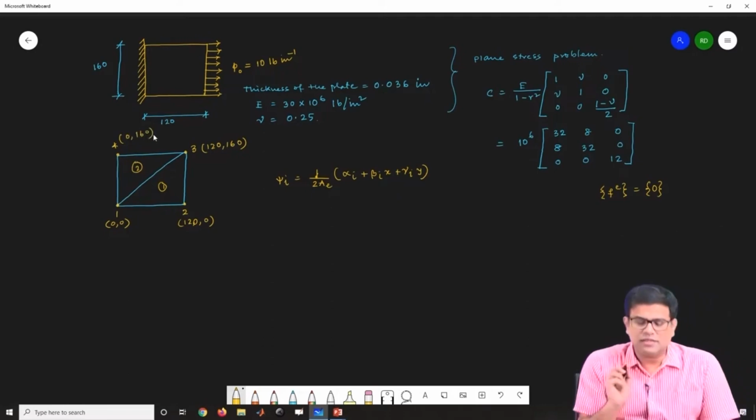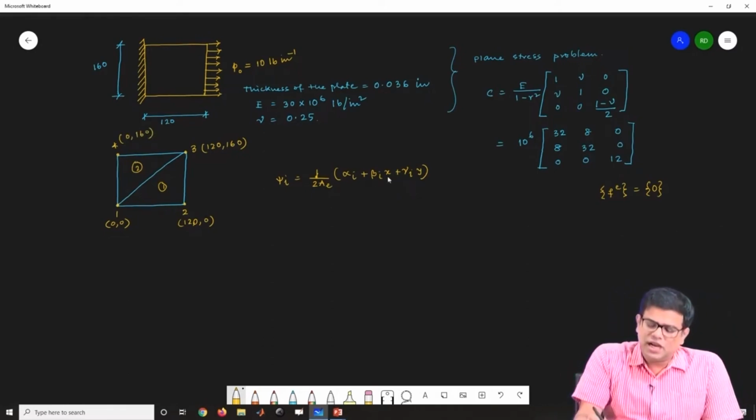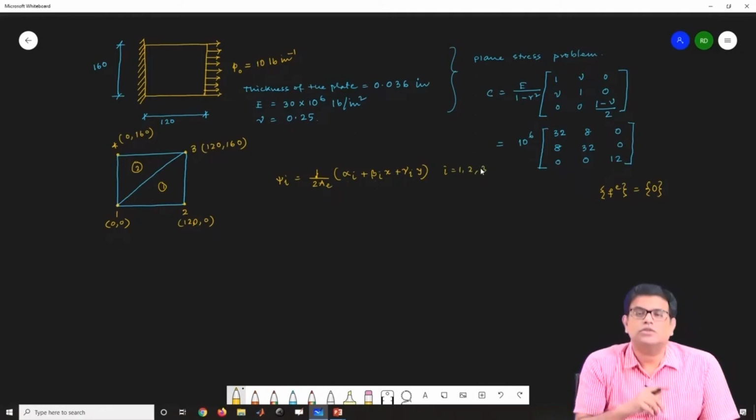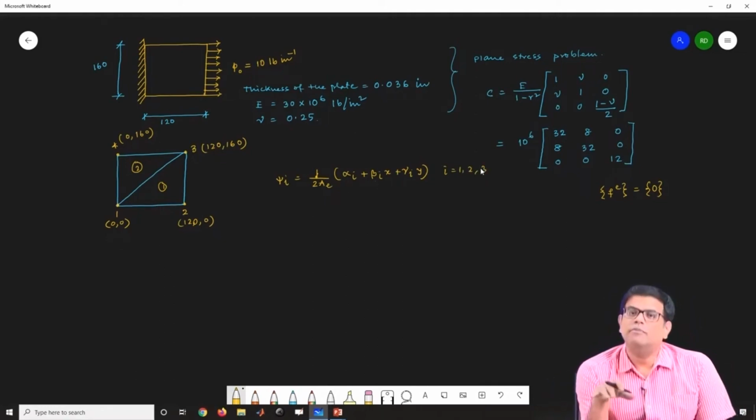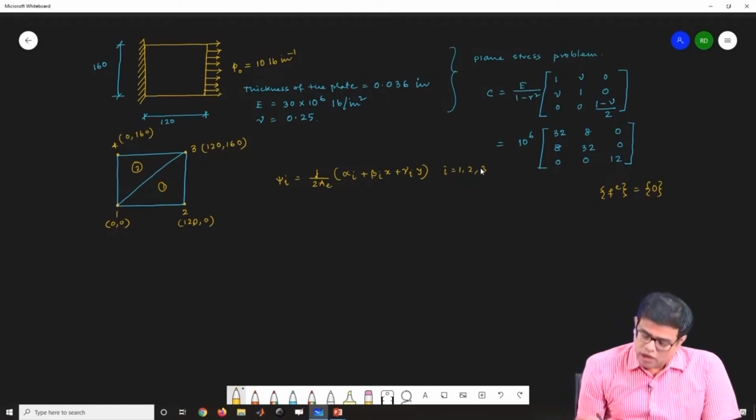If you remember alpha I, beta I and gamma I, for I equal to 1, 2 and 3, there are 3 shape functions. These alpha, beta and gammas we can calculate from the coordinates. Now, how many degrees of freedom will this have?